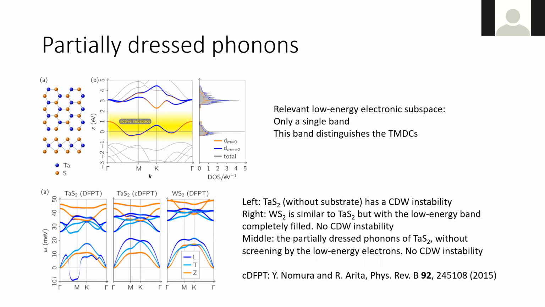So you can do these two steps, one after another, and you will get exactly the same result as you would get if you calculated the density functional theory phonons immediately. And this constrained density functional perturbation theory was introduced in this 2015 paper, and it is similar in spirit to the constrained random phase approximation for electron-electron interactions that has been discussed a few times in this workshop.